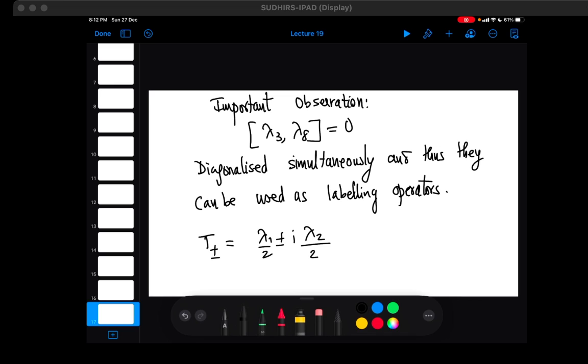Then you can have U plus minus. There should be one raising and lowering operator involving 6 and 7 also.